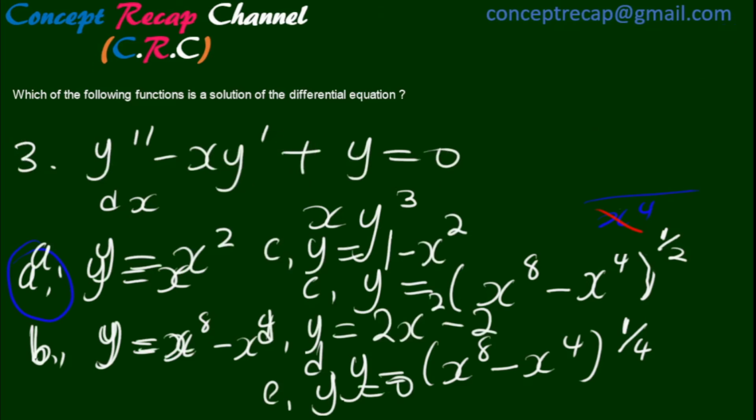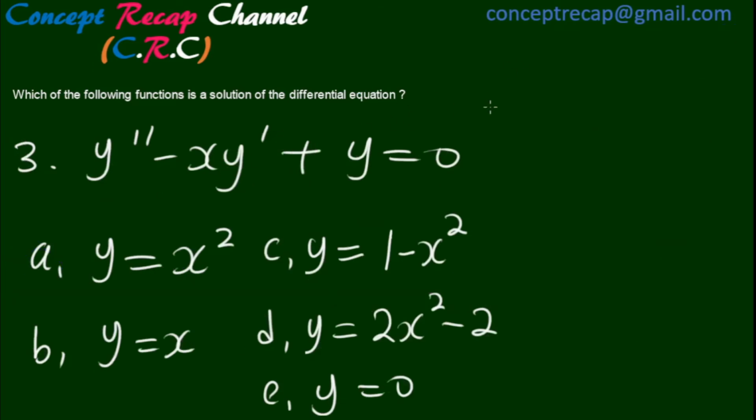Now the third question we looked at in the concept video as an example. I told you to try y is equal to 0. If you differentiate y equals 0, it's a constant, so it will be 0, and you differentiate it again to get 0.